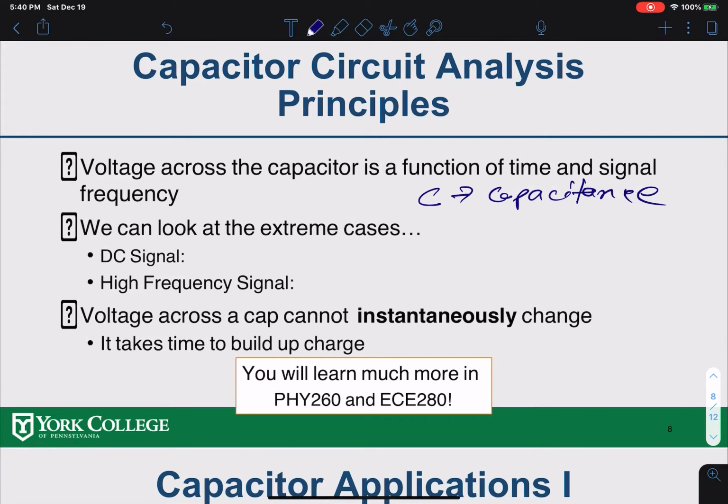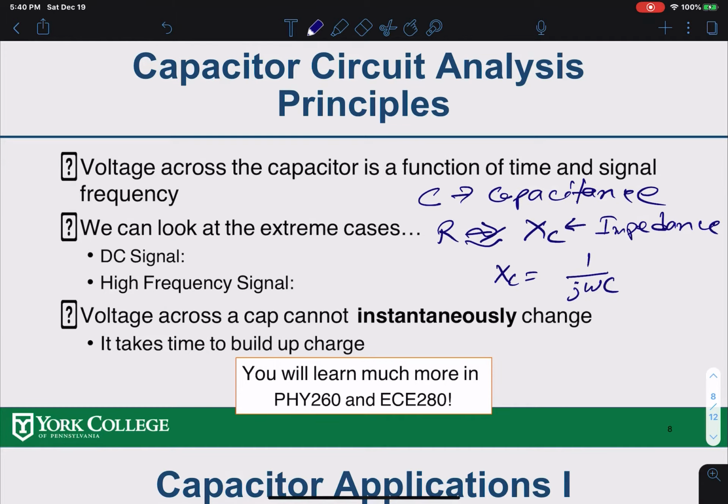Compared to R, R for resistance is basically equivalent to XC, which is capacitive impedance. So this is called impedance. How much impedance a capacitor has. That impedance depends on your frequency.